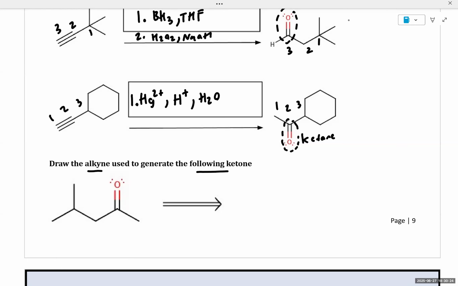So in this case, we want to install this ketone at the most substituted position. So there are two possible ideas. The first of which is this alkyne.